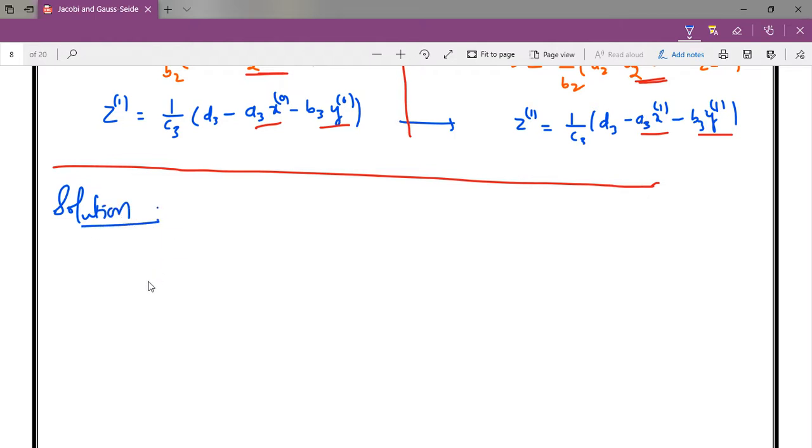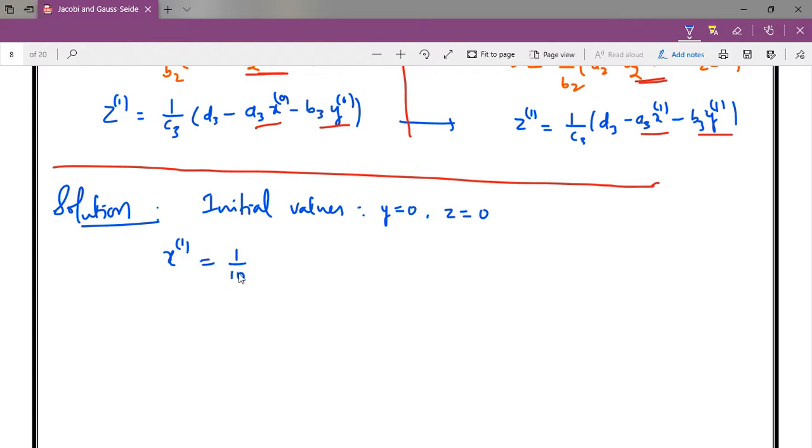So here, in the Jacobi we used to take an initial value for x also. Here the initial value for x is not needed, and only y and z are needed.